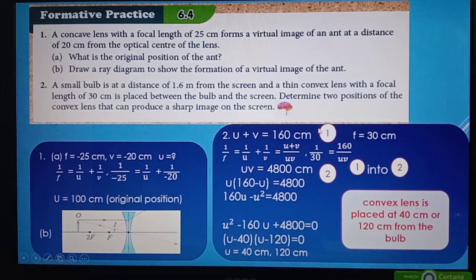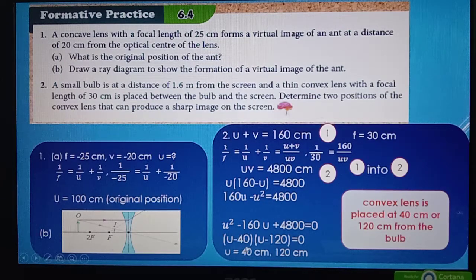Okay, so what we do next, we want to solve it simultaneously, as simultaneous equations. By using the method of substitution, from 1 we get v equals 160 minus u. So substitute 1 into 2. We have u times 160 minus u equals 4,800. You simplify to become a quadratic equation: u squared minus 160u plus 4,800 equals 0.